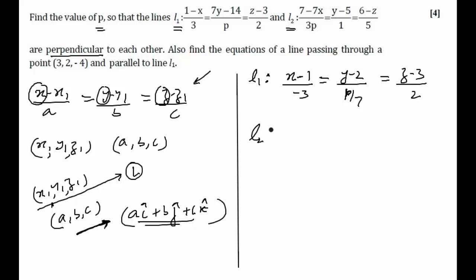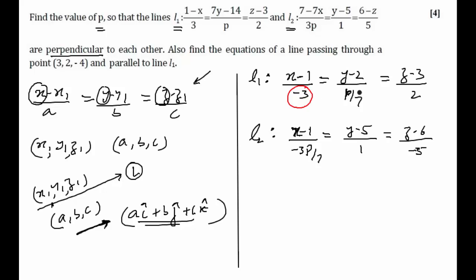And similarly, your line 2 will become (x minus 1) upon minus 3p by 7 is equal to (y minus 5) upon 1 is equal to (z minus 6) upon minus 5. So now when I have converted this into the standard form, I can directly compare these values.